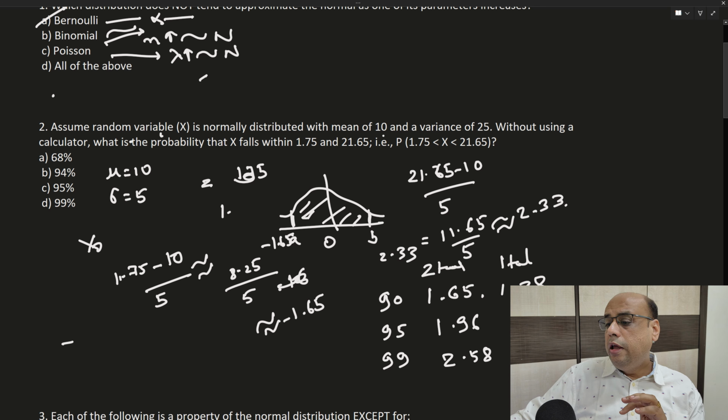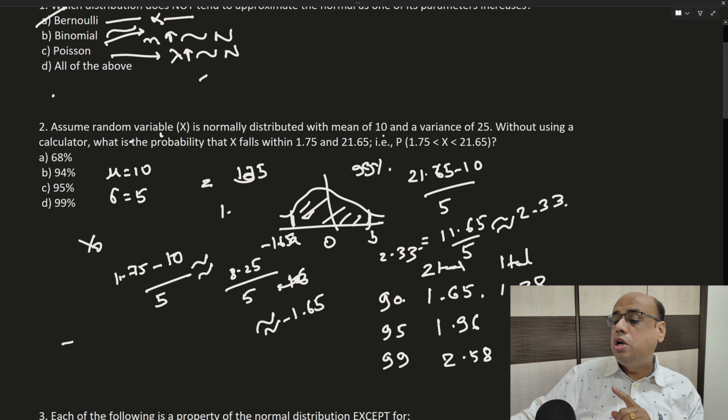So if this is 2.33, the area to the left of B is how much? 99%. And the area to the left of minus 1.65 is how much? 10%?